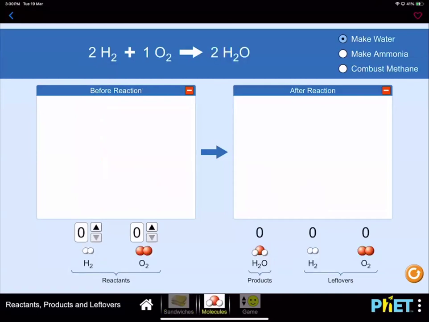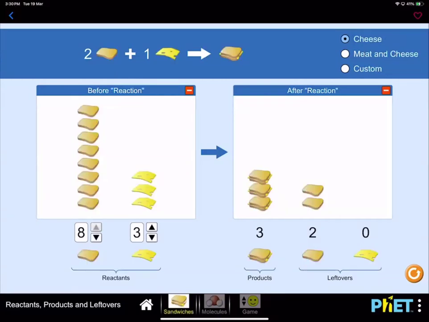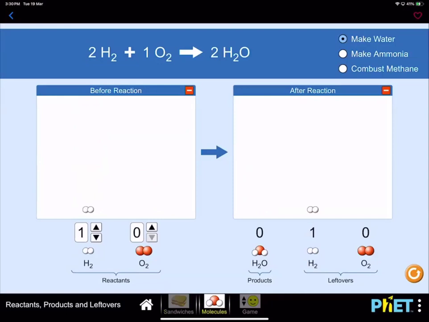Now, have a look in terms of an equation. On the top, we have a balanced equation: 2 moles of hydrogen reacting with 1 mole of oxygen, forming 2 moles of water, right? So if I use 2 moles of hydrogen and 1 mole of oxygen, I am getting 2 moles of water.